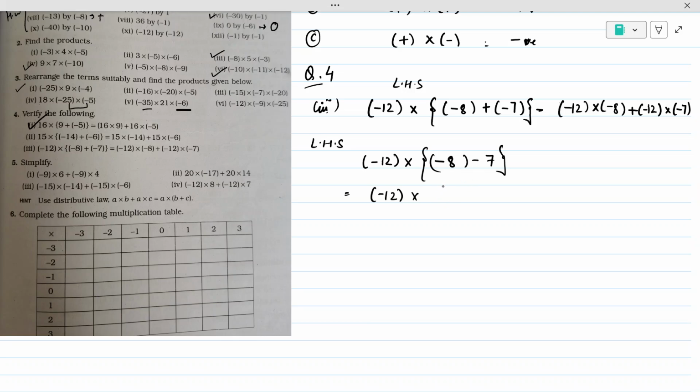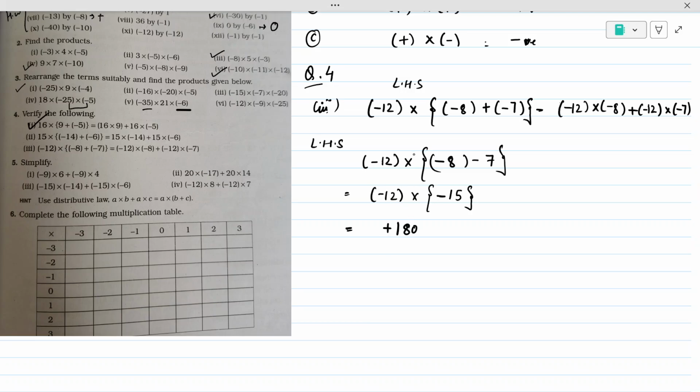Minus 8 minus 7 means we have to add both these two with a negative sign. So 8 plus 7 is 15. So now in this case, minus 8 minus 7 will give us minus 15, and now we have to multiply this minus 15 with minus 12. So when we multiply this we will get 180, and minus into minus will give us plus.